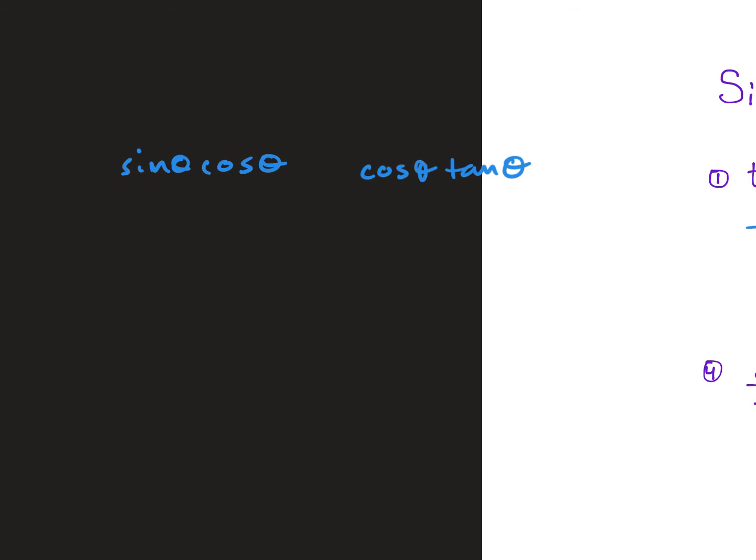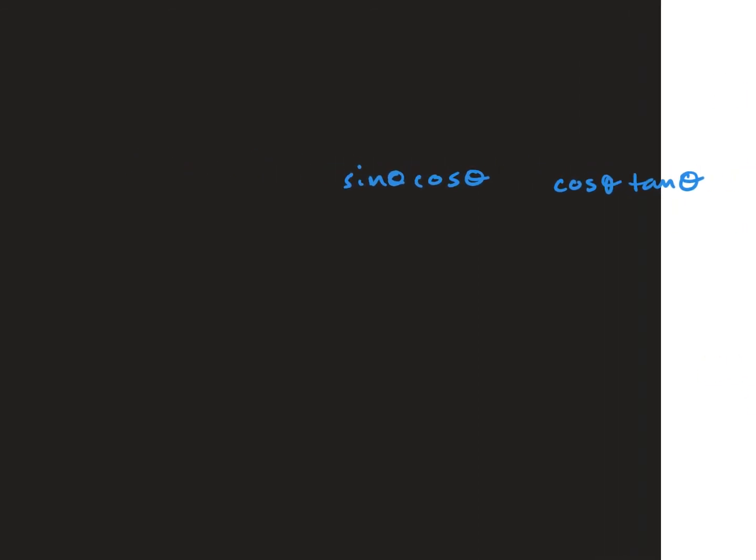So not just getting it to be one thing is the goal, but just get everything to be in terms of sine and cosine and as small as possible. Another thing would be if you had 1 minus sine, just sine. So it's not squared. We can't use our identities here.